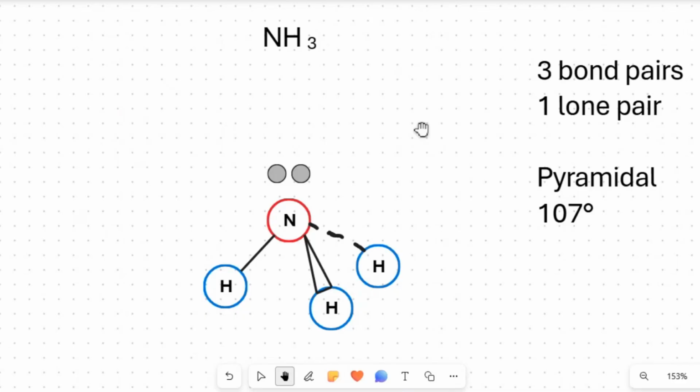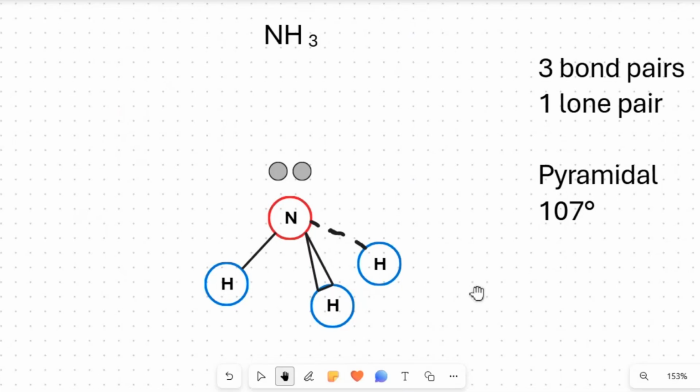But now we have a lone pair instead of something that gives us an equal amount of repulsion. And because all the bond pairs are repelled more by the lone pair than by each other, it would compress the bond angle and result in a 107 degrees bond angle rather than 109.5 degrees. This gives rise to a new shape known as pyramidal because it looks like a pyramid if you imagine all of this in a 3D arrangement.